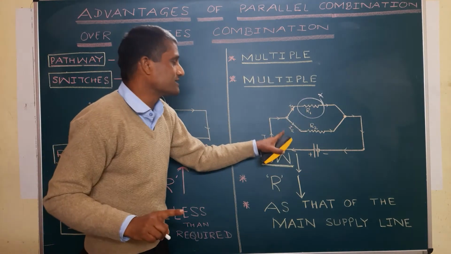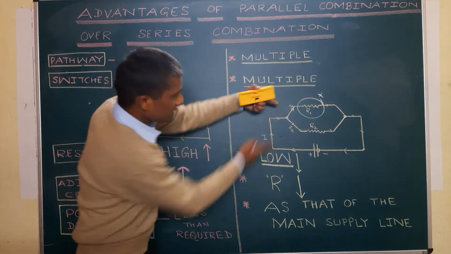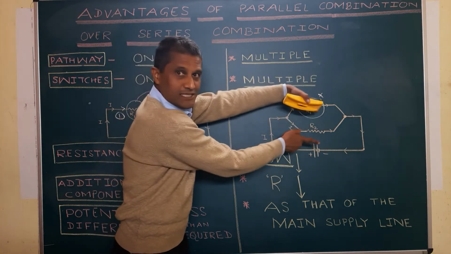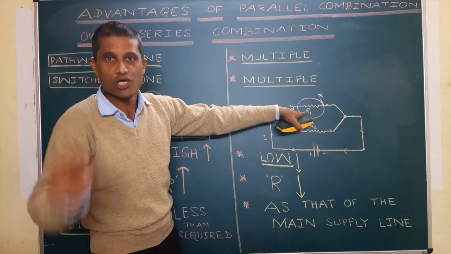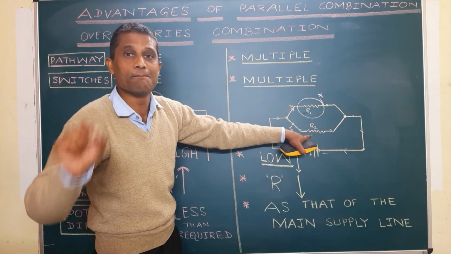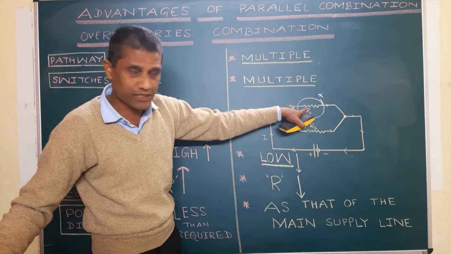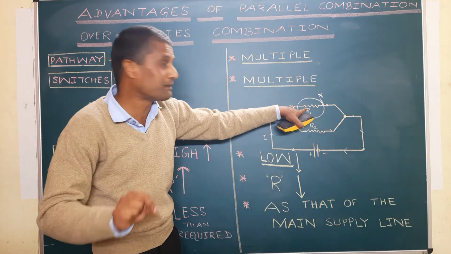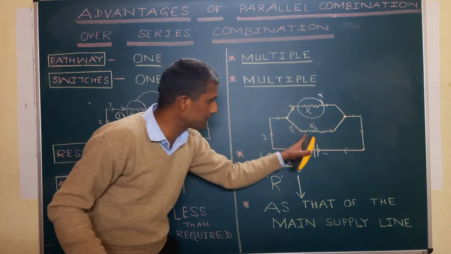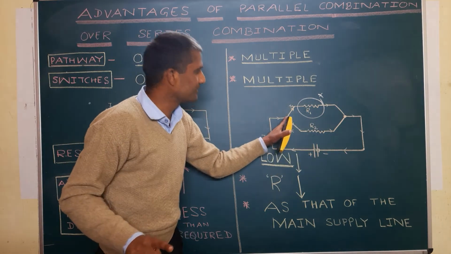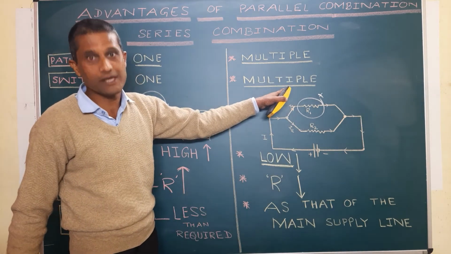That is the advantage for the parallel combination, that since current has got many pathways to go through, if one of the electric components got defective, then others will keep functioning as they are. Suppose it is a bulb and it got fused, will the other bulb stop functioning? No, because it will keep getting the current. Why? Because current has got many pathways to flow through, and that makes advantages for ourselves.